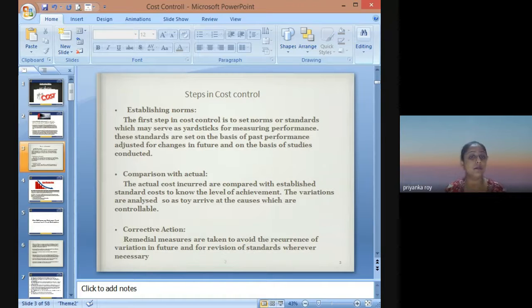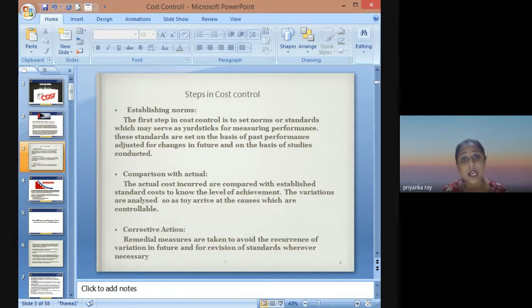The first step in controlling cost is establishing norms. First of all, we need to set norms or standards which may serve as a yardstick for measuring performance.